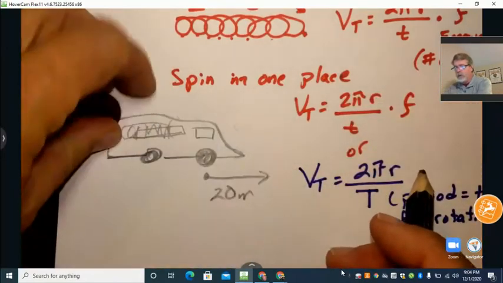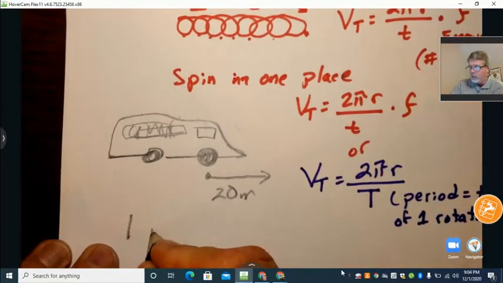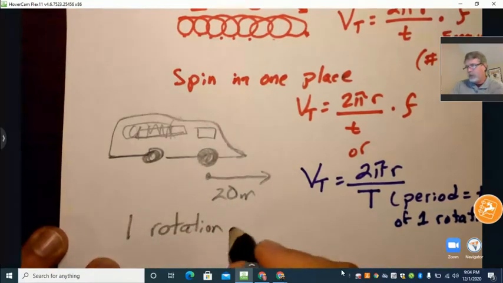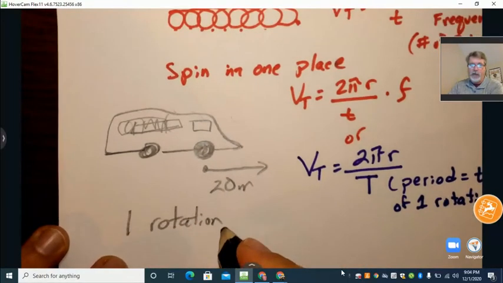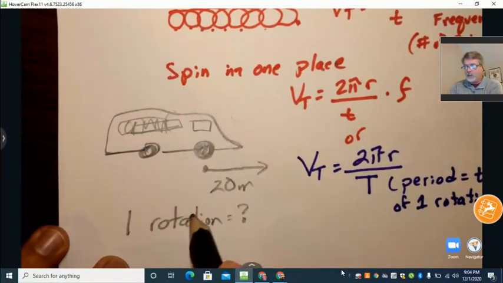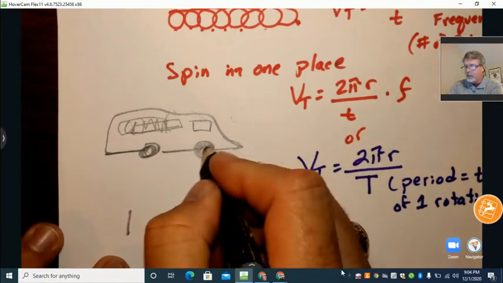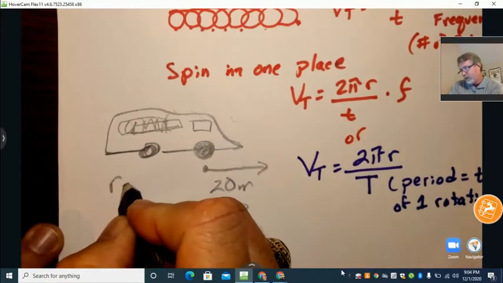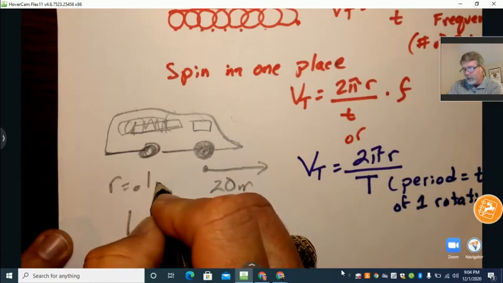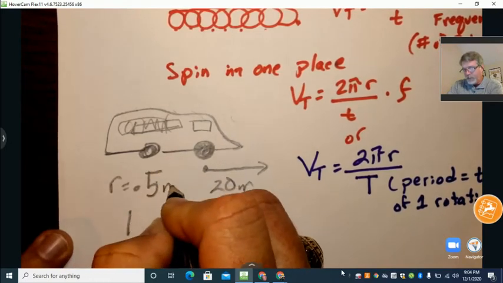So, for one rotation of the tire, well, how many rotations does it have? We don't know how many rotations. We might find out. But let's say the radius of the tire could easily be half a meter, 0.5 meters.